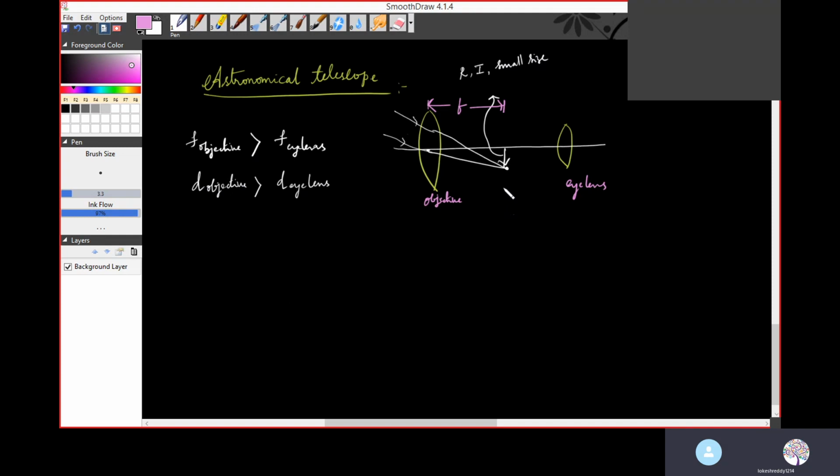Now here what we can see is this is the focal length of the objective. This image acts as an object for the eye lens, and if it is between focus and pole of the eye lens, it forms a virtual image. So it forms a virtual image like this.